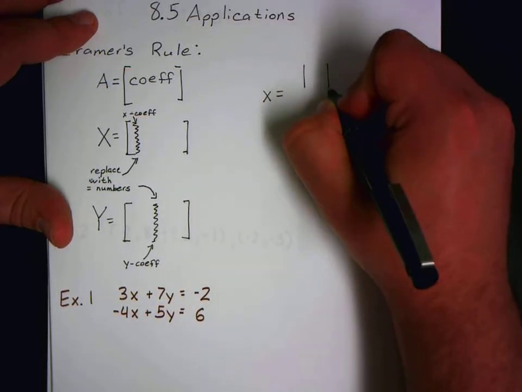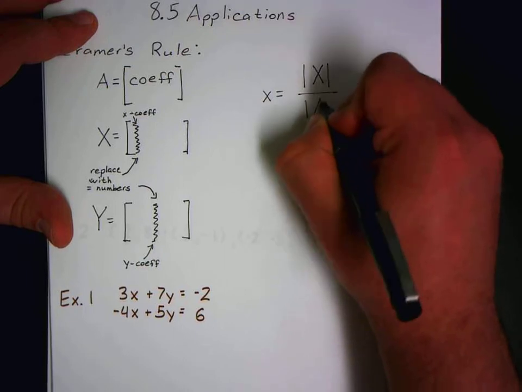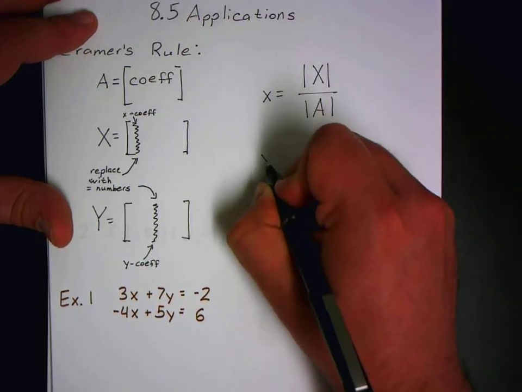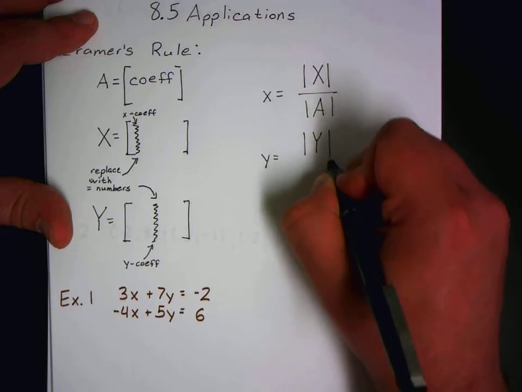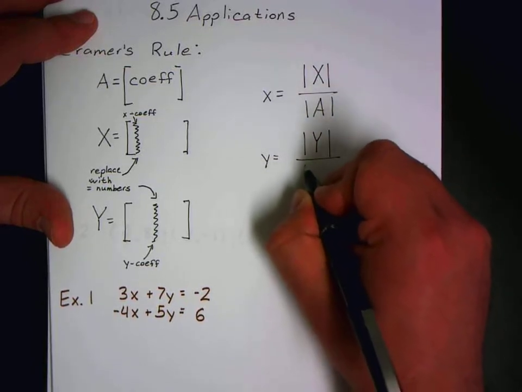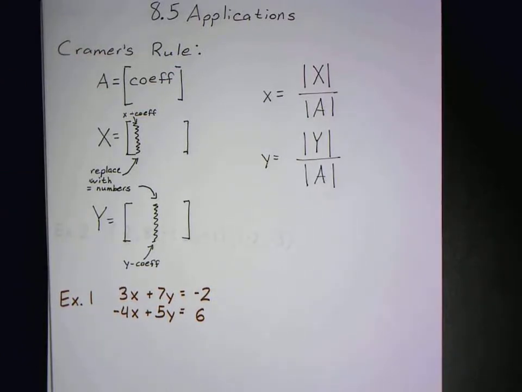X is the determinant of X divided by the determinant of A. The Y answer is the determinant of Y divided by the determinant of A. And then if you had a Z, it would be determinant of Z divided by the determinant of A. If you had W, it would be determinant of W divided by determinant of A.